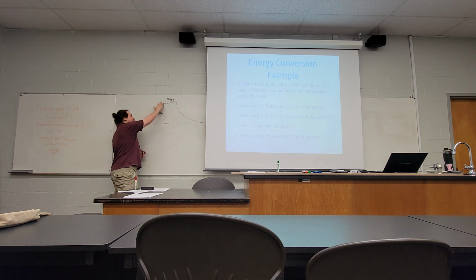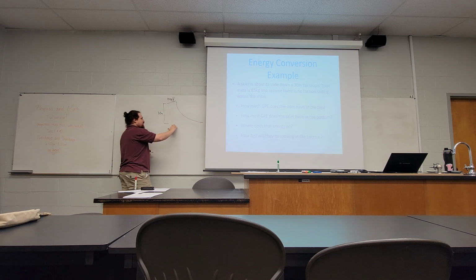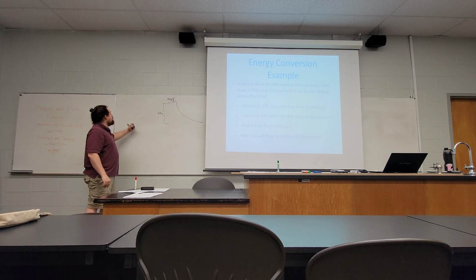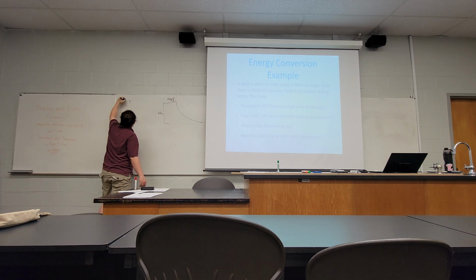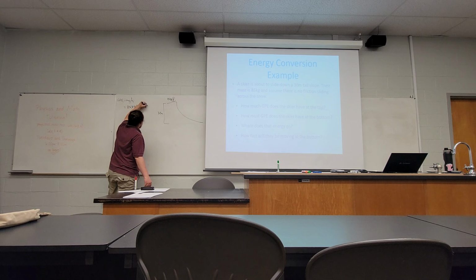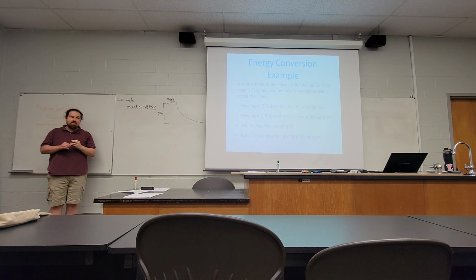So as long as we are 30 meters above something, we have GPE in relation to that lower spot. So GPE initial is MGH initial, 85 times magnitude of 9.8 times height of 30, which gives us a lot of GPE, about 25,000 joules. Again, 10-story building.